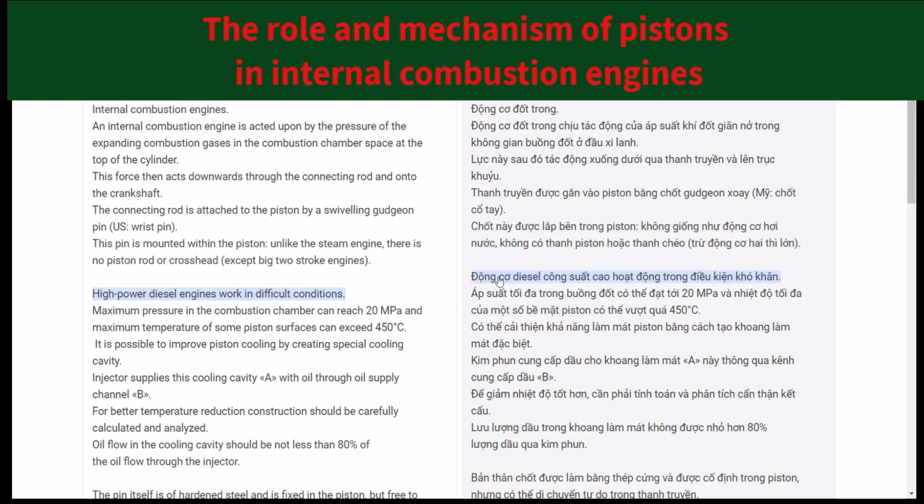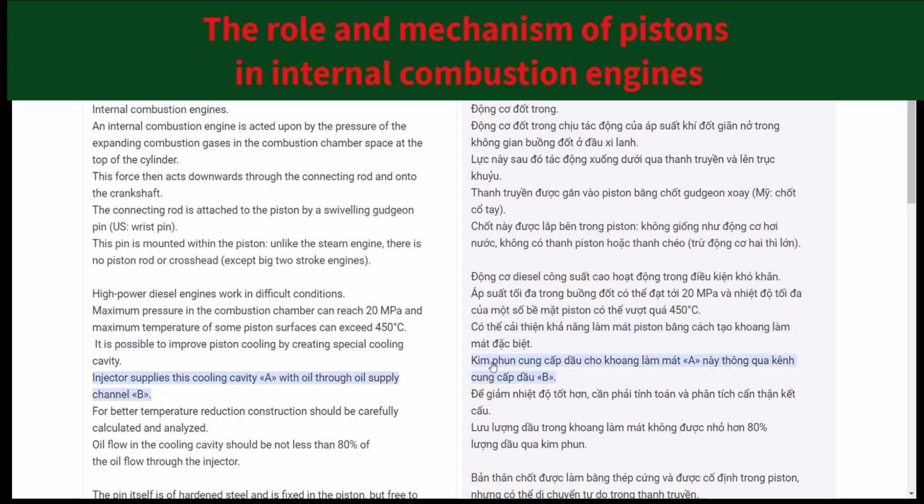High-power diesel engines work in difficult conditions. Maximum pressure in the combustion chamber can reach 20 megapascals and maximum temperature of some piston surfaces can exceed 450 degrees Celsius. It is possible to improve piston cooling by creating a special cooling cavity.